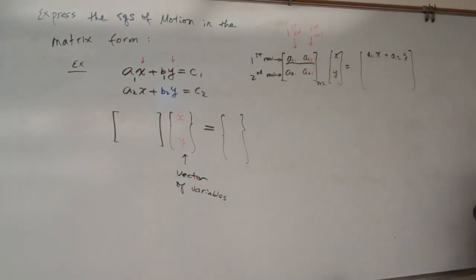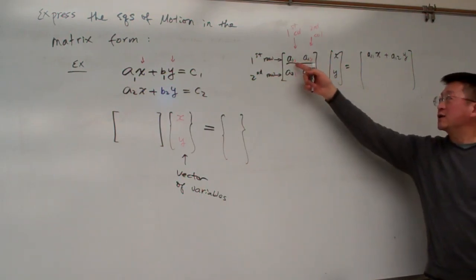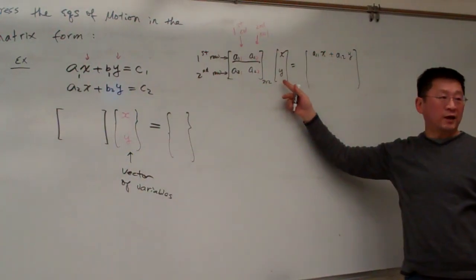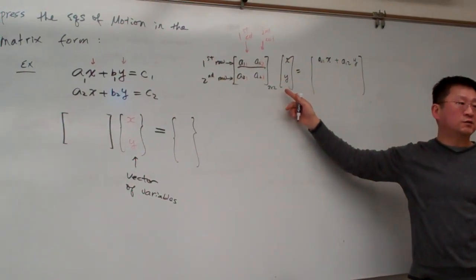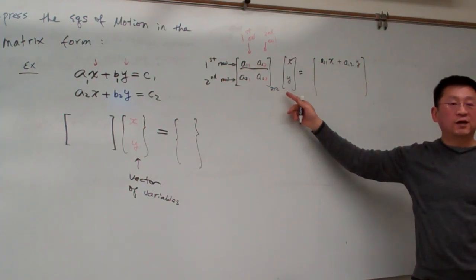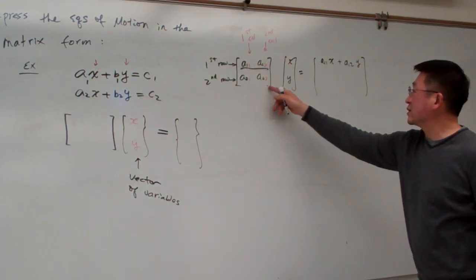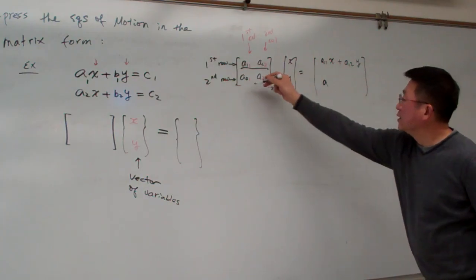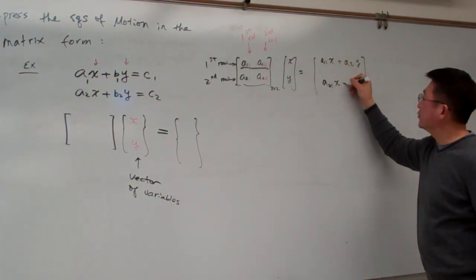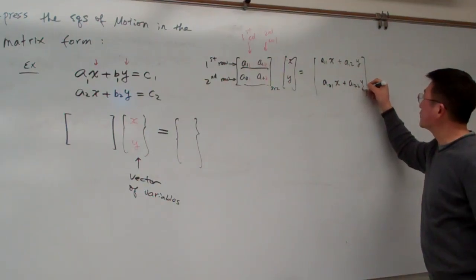Okay? So these are the two elements multiplied corresponding to each one. Again, here is the definition or convention of linear algebra with matrices and vectors. The same thing for the second one: this row multiplied with the column, so A21 x plus A22 y.